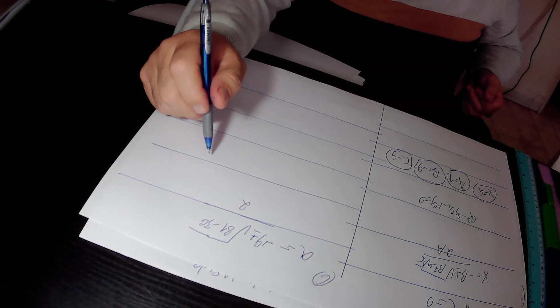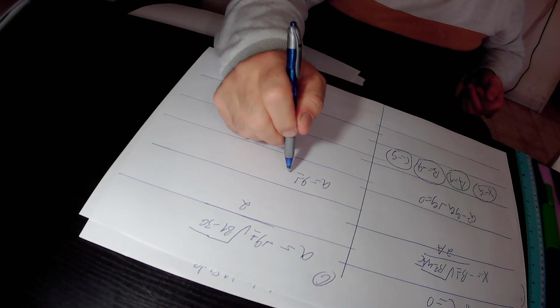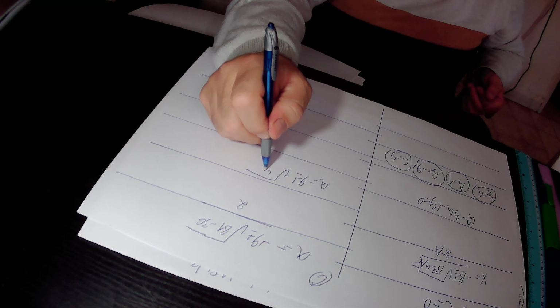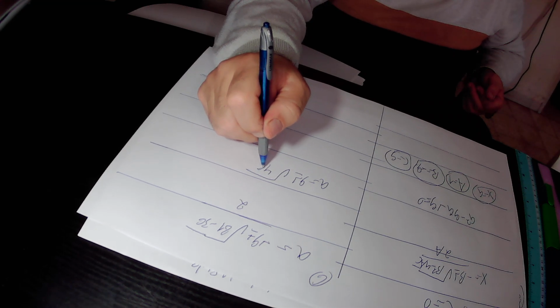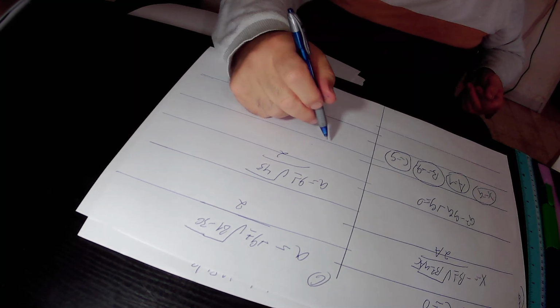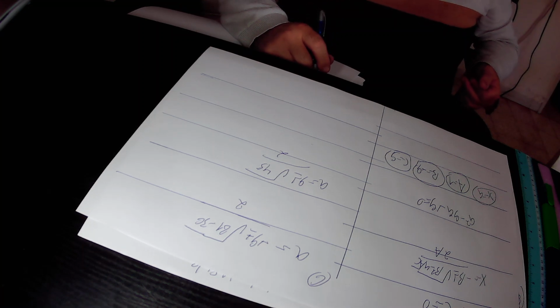So we found that a equals 9 plus or minus, inside the root we have 81 minus 36, which is 45, so we are left with only 45 inside the root, divided by 2. So here we have two possible solutions for a.